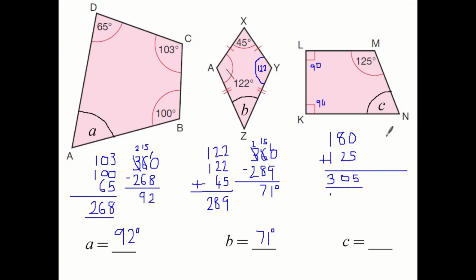And then I'm going to do 360, take away my 305, and let's see what we get for this. So 0 take away 5 we can't do, 10 take away 5 is 5, 5 take away 0 is 5, and 3 take away 3 is 0. So C is 55 degrees.